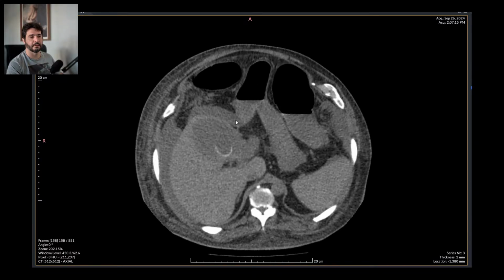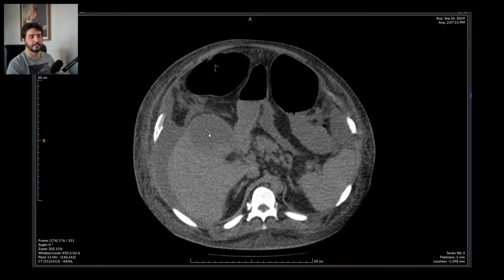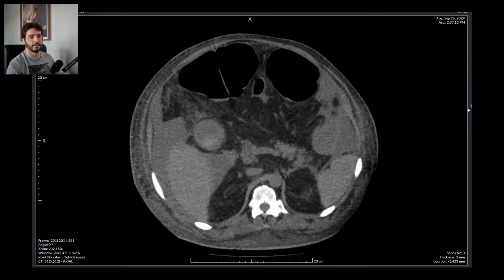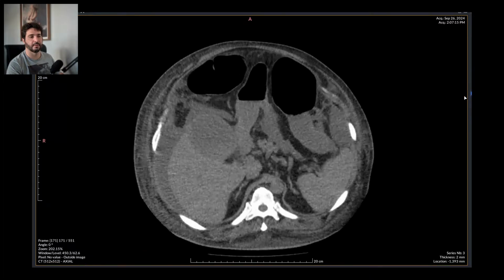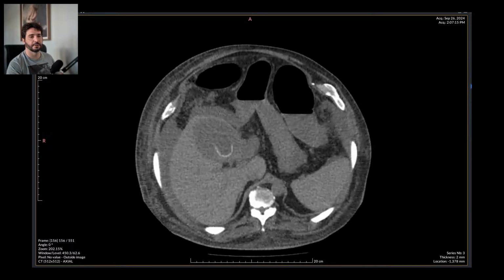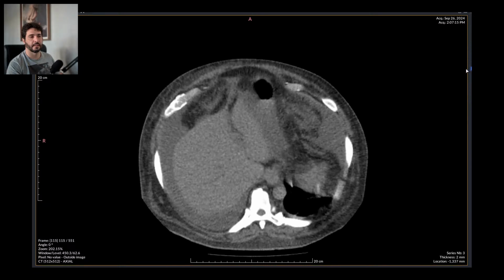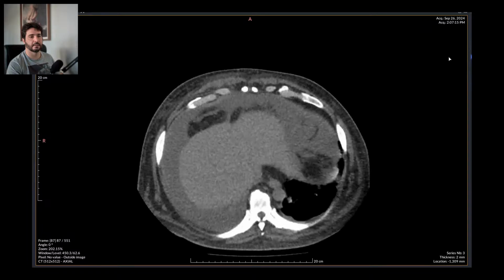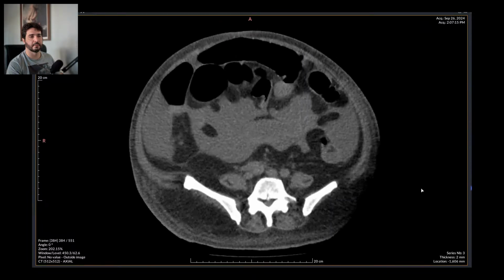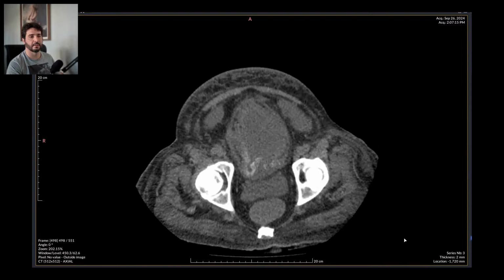There is a hyperdistended gallbladder with a stone, partially calcified stone, at least one right there. So this by itself could be an acute biliary abdomen right there. That is a very large, huge ascites, whatever the right pronunciation is.